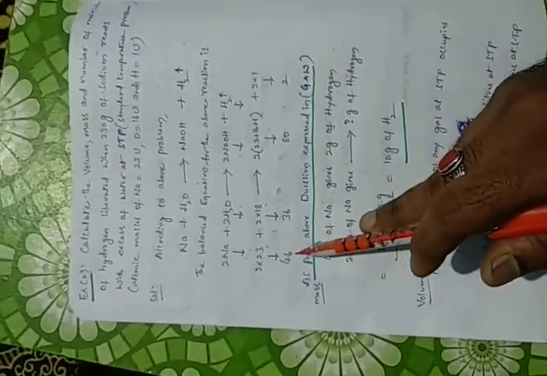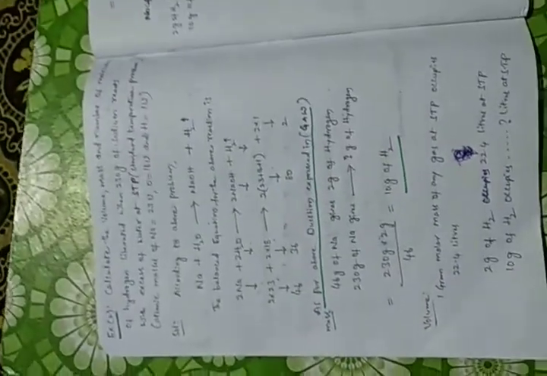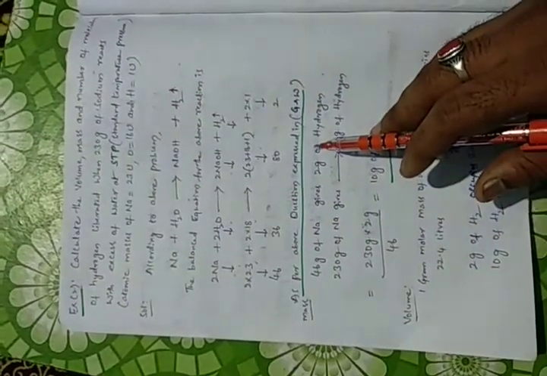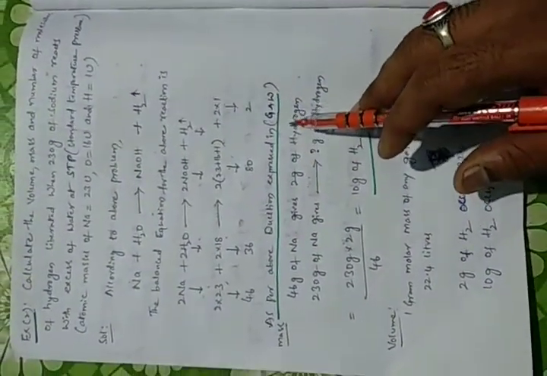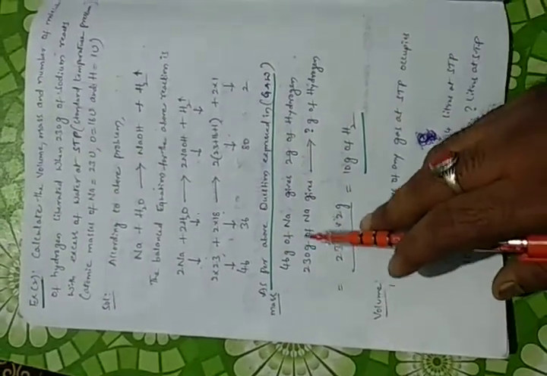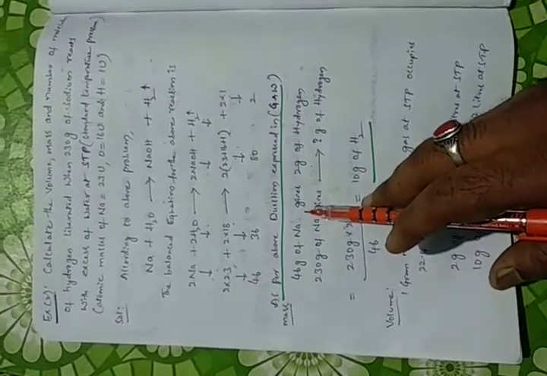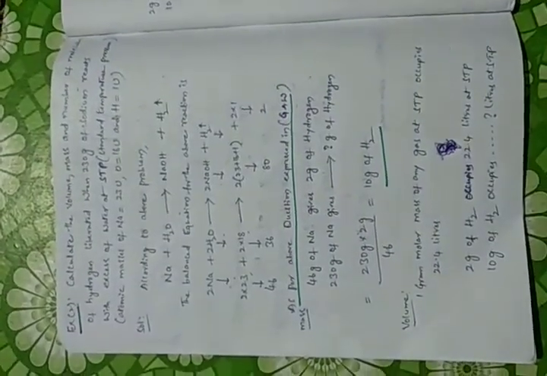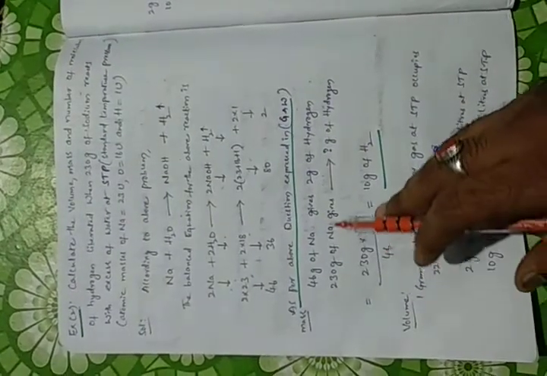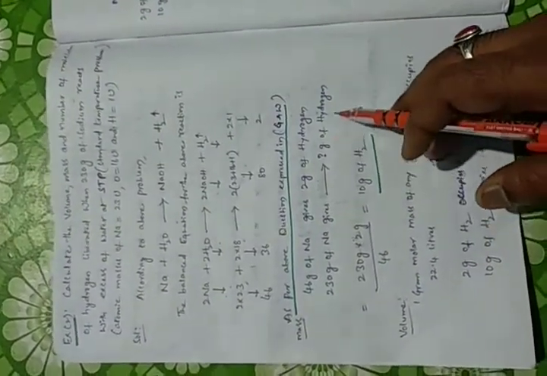Overall we get 46 plus 36 gives rise to 80 plus 2, that is 82. As per the above equation, express the question in GAW, gram atomic weight. First one, mass. 46 grams of sodium gives 2 grams of hydrogen. 230 grams of sodium gives how many grams of hydrogen?